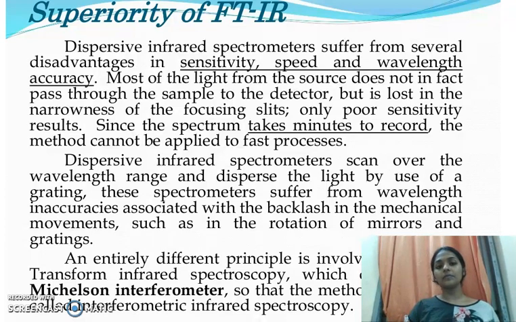The spectrum also takes several minutes to record, unlike the FTIR spectra, which takes a few seconds. Dispersive infrared spectrometers scan over the wavelength range and disperse the light by use of a grating, and these spectrometers suffer from wavelength inaccuracies associated with the backlash in the mechanical movements.